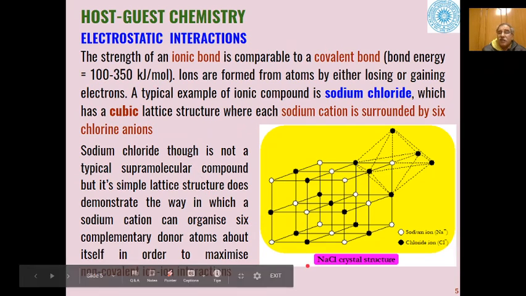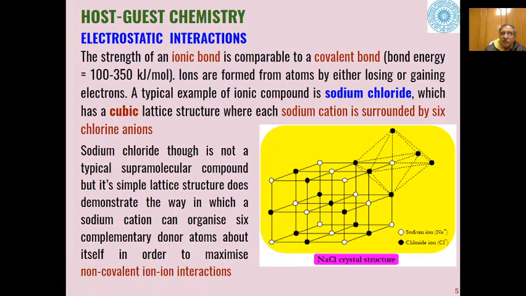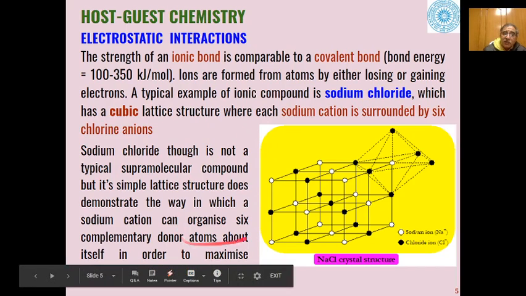This is not an electrostatic host complex kind of molecule, but we can define the electrostatic interaction in sodium chloride. Sodium has a positive charge and chloride has a negative charge, and they have non-covalent ion-ion interactions. So these can be complementary to each other, sodium positive and chloride negative.